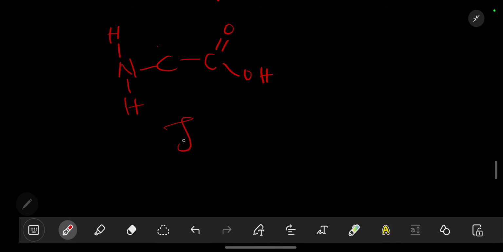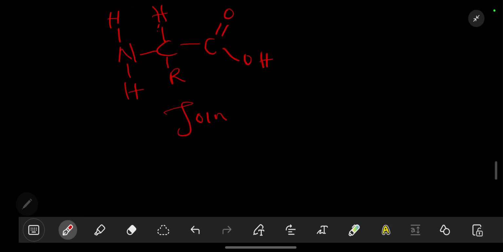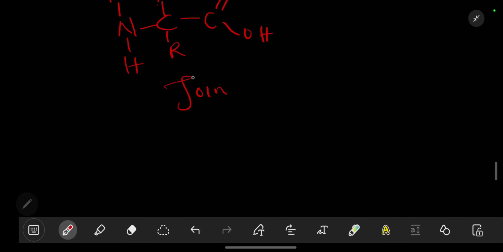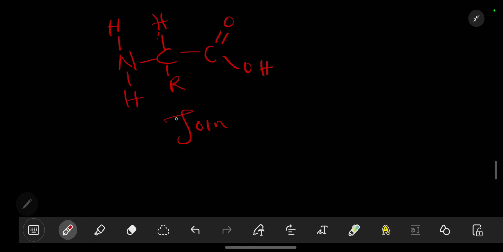So how do they join? The joining of amino acids looks like this. Here we had our H, we have our R group. When the amino acids combine, we are going to have this type of a structure.